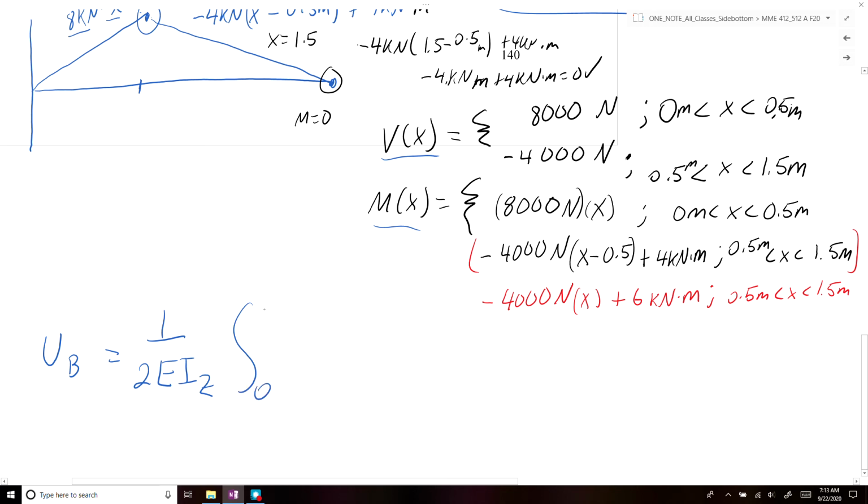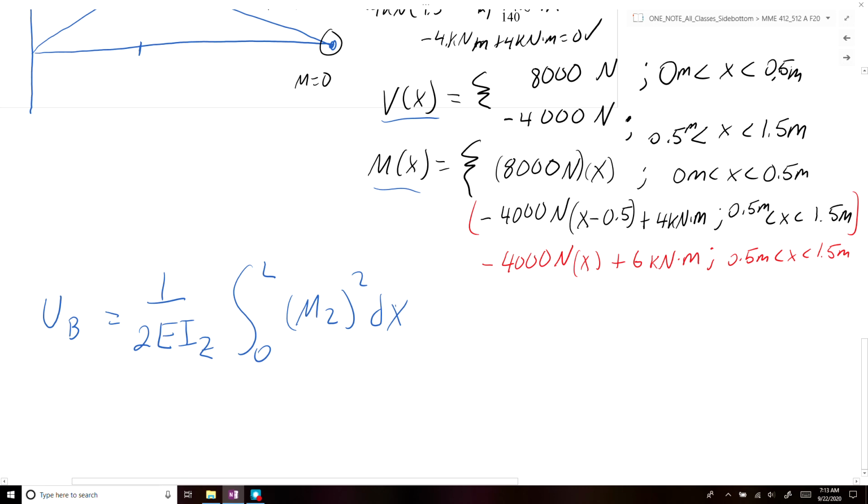If we integrate from 0 to L, this is the definition of our bending strain energy here. So if we plug in for this integral, we end up getting 1 over 2EI_z times the integral from 0 to 0.5 meters.